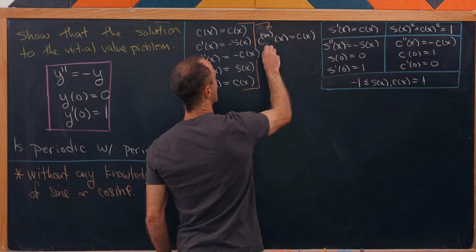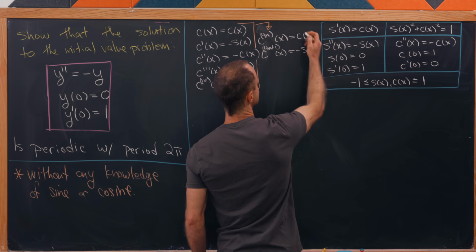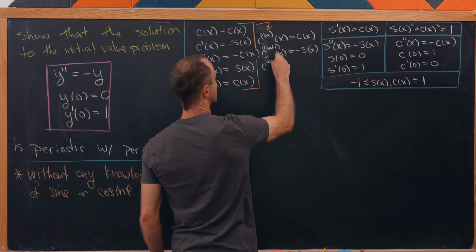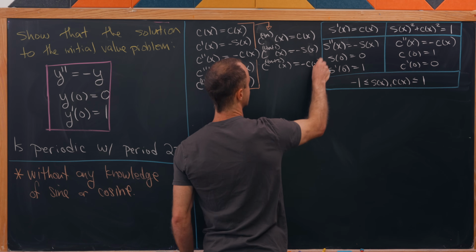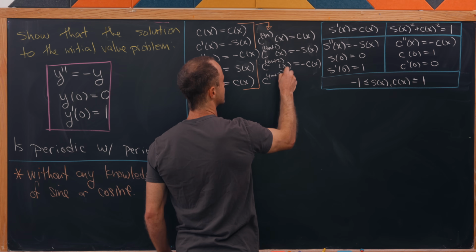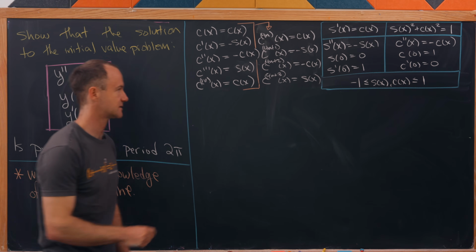And then the 4n plus first derivative of c of x is equal to minus s of x. And then the 4n plus second derivative of c of x is equal to negative c of x.